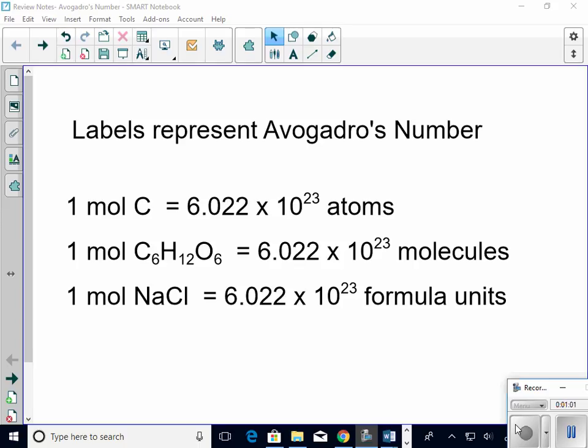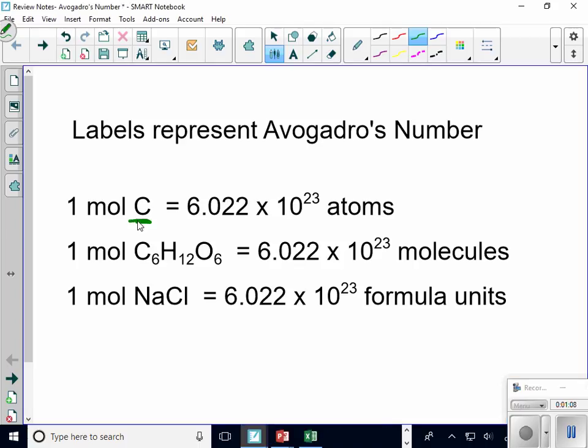So, when we're discussing these, if I have a single element, that is labeled atoms. If I have a combination of elements that are covalently bonded together, we refer to those as molecules.